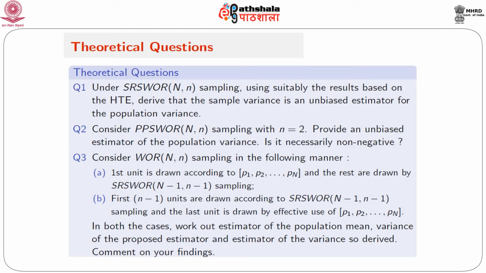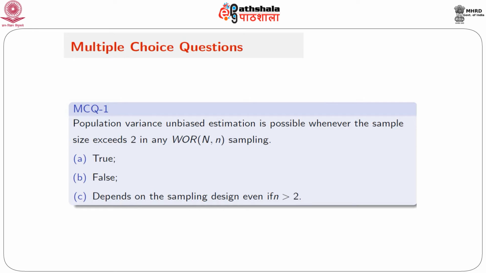Okay. We have some multiple choice questions. Please read. Population variance unbiased estimation is possible whenever the sample size exceeds 2 in any without replacement capital N and small n sampling. True, false, or does it depend on the sampling design even if n is more than 2? That's interesting. They are talking about population variance unbiased estimation.